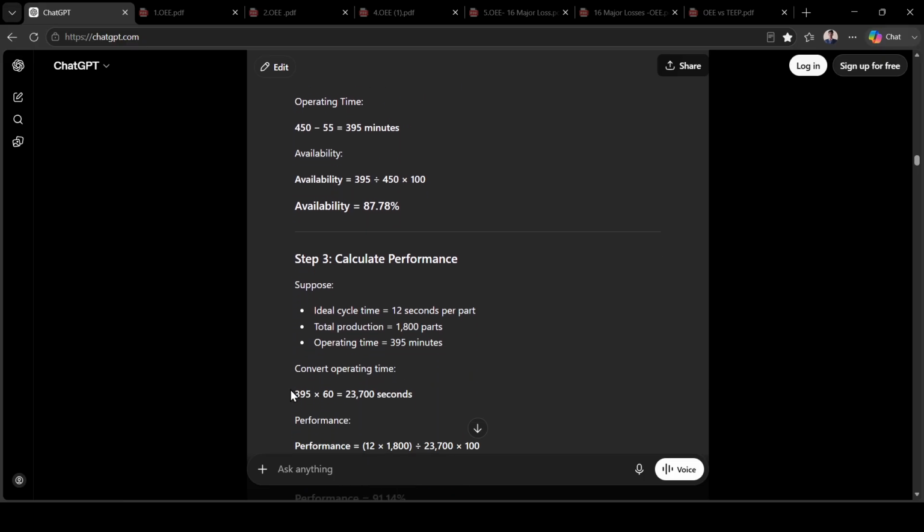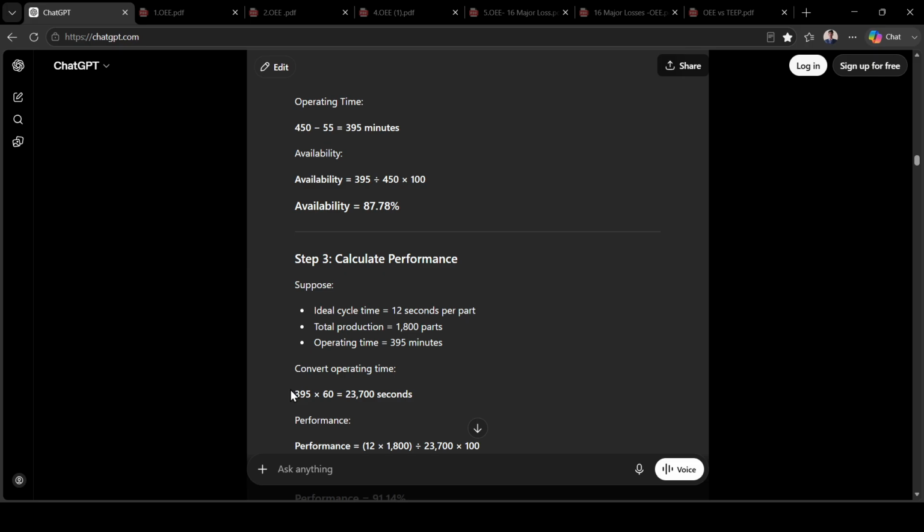Let's talk about step 3, calculate performance. Suppose the ideal or standard cycle time is 12 seconds per part. Total production equals 1800 parts.